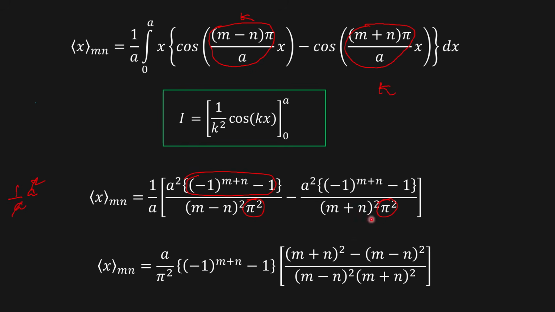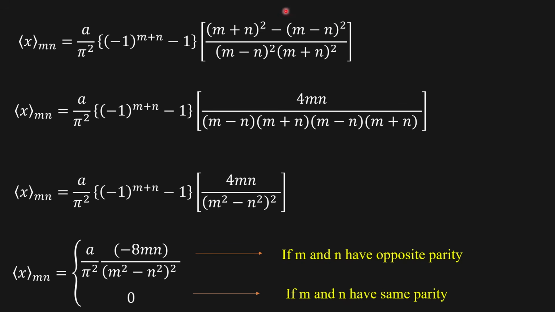Then you take this as common: (m minus n) whole squared multiplied by (m plus n) whole squared. Then this numerator will become (m plus n) whole squared minus (m minus n) whole squared. Then we will further simplify it. So we got this expression.